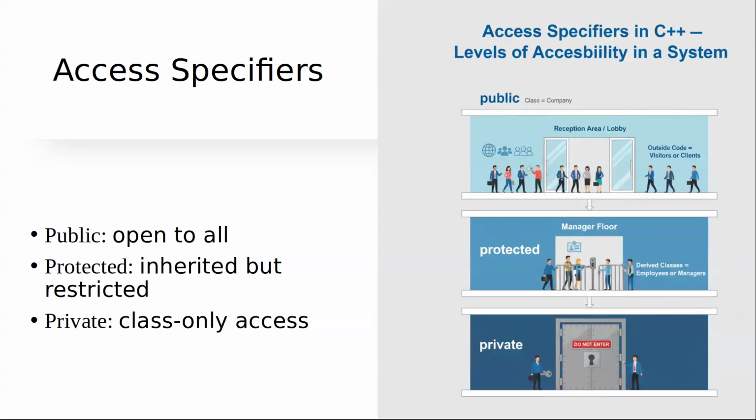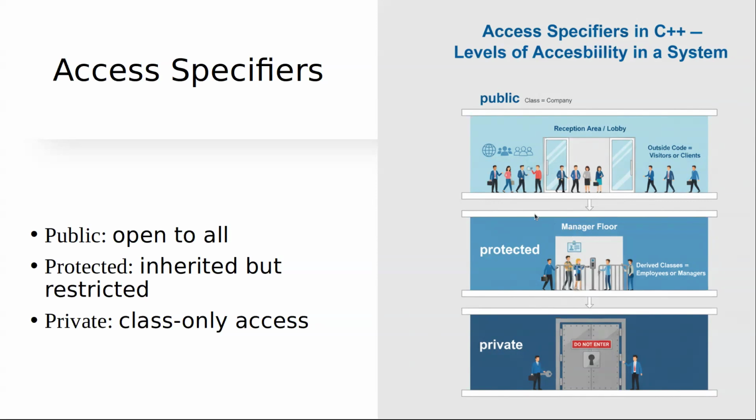In C++, access specifiers determine who can access the members of a class, that is, which parts of the program can see or modify the data and methods. Let's imagine our class as a company building with 3 different levels.